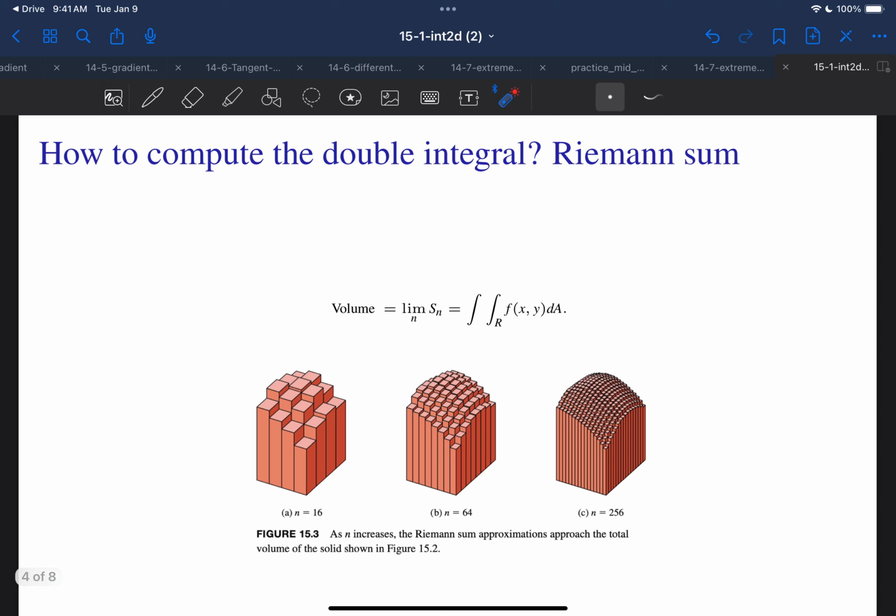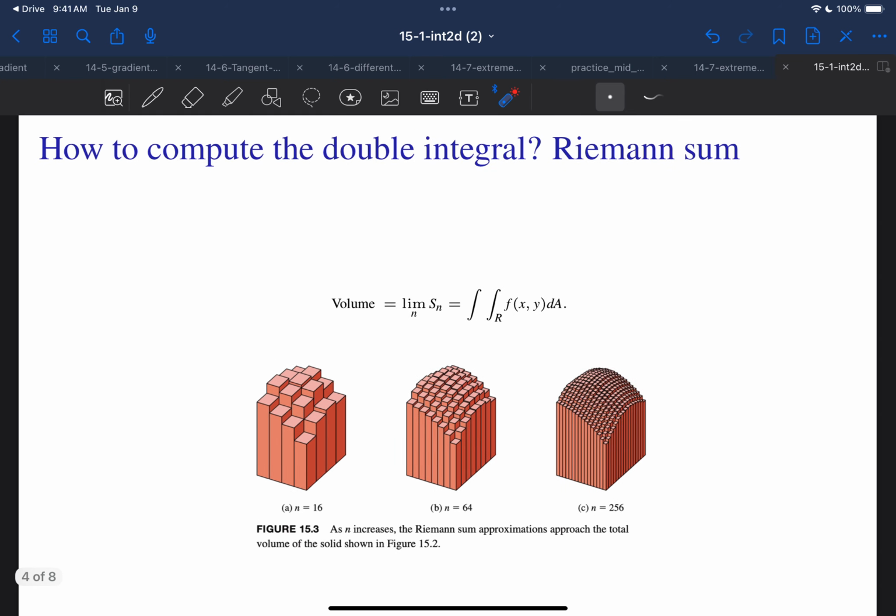So there are three pictures telling us how to compute this volume in your tent. Firstly, we use 16 blocks to estimate the volume, and then we can use n equals 64, which gives a more accurate volume.